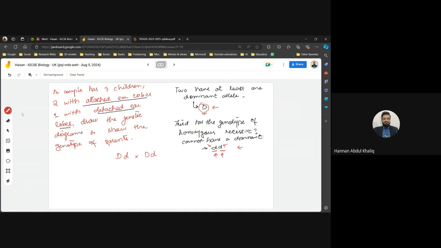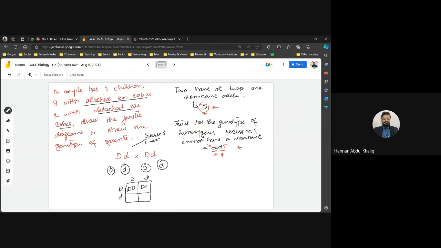All right, now let's draw the cross. Let's separate the gametes. Now obviously we were supposed to guess the genotype of the parents. This is our guess. Now we need to confirm whether our guess is right or wrong. So let's put the sperm on one side and eggs on the upper side.